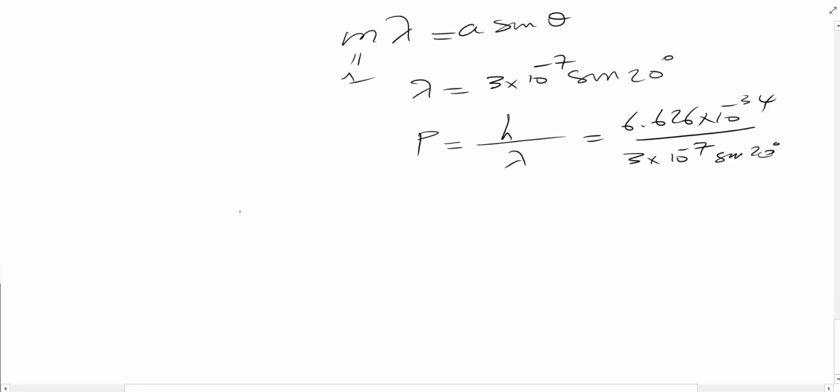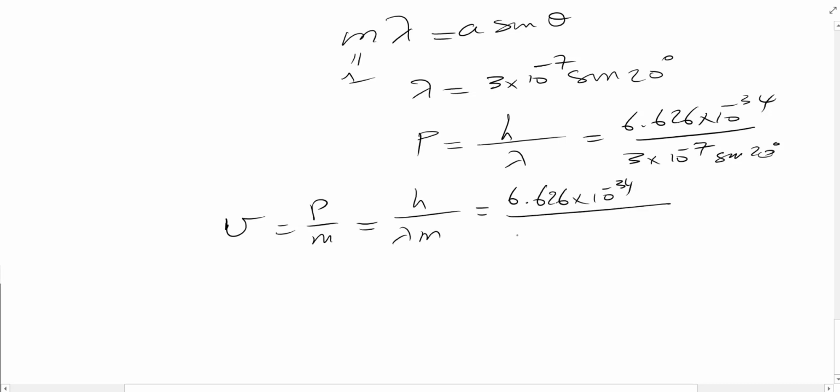Once you find the velocity, you can express it as just p over m, and from here you have h over lambda m. Remember, these are electrons, so their mass is well known: 6.626 times 10 to the negative 34 divided by lambda, which is 3 times 10 to the negative 7 times sine of 20 degrees, and also times the mass of the electron, 9.1 times 10 to the negative 31.